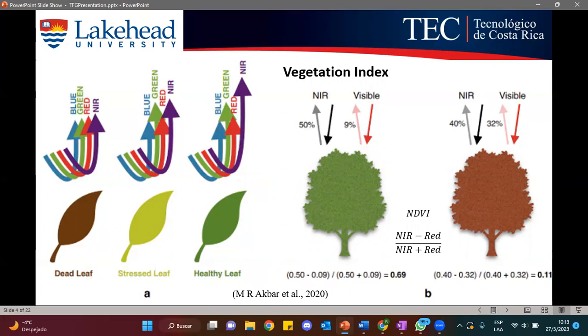So you can see on the left side that the healthier the vegetation, the more near infrared reflectance we're going to have, and less red or less visible reflectance we're going to have. So it's possible to come up with this mathematical expression, where basically the higher the NDVI, the better the vegetation health.